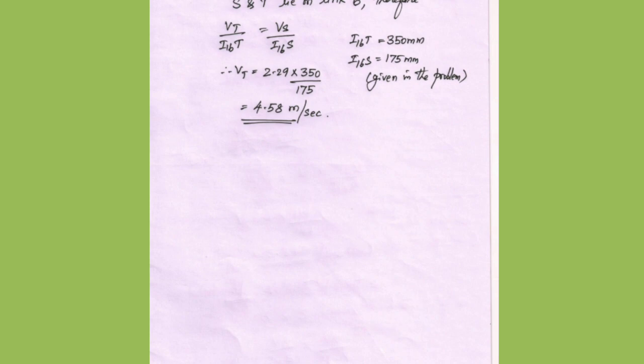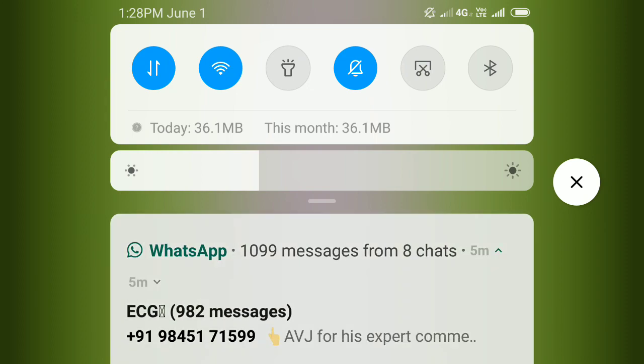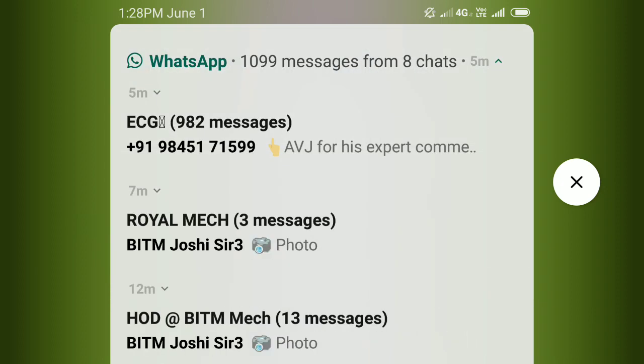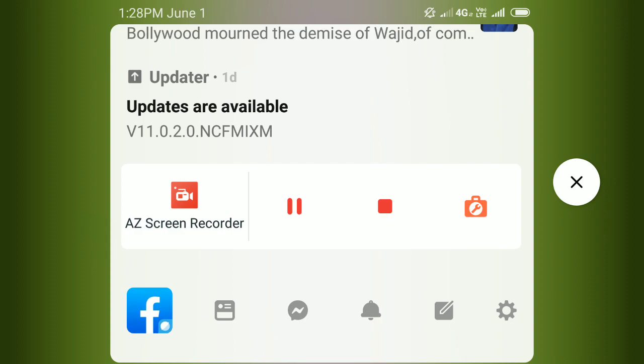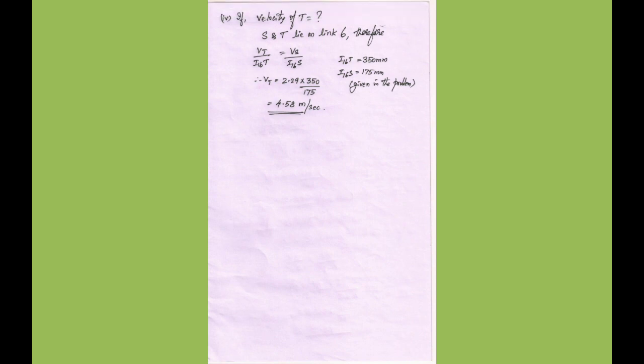So this is the way, in stages you have to find the velocity of various links. Is it okay? Right. Is it clear now? All the problems, whether it is a 4-bar mechanism or a 6-bar mechanism, finding the number of instantaneous centers is the first step. Then using the circle diagram, find all the instantaneous centers.